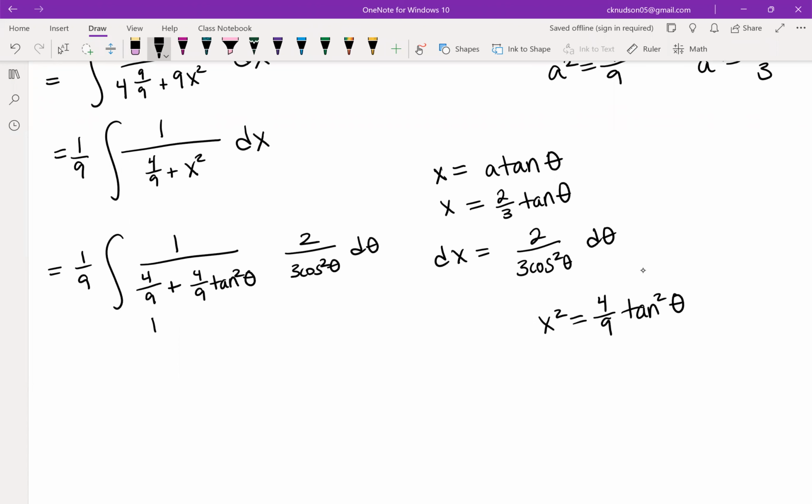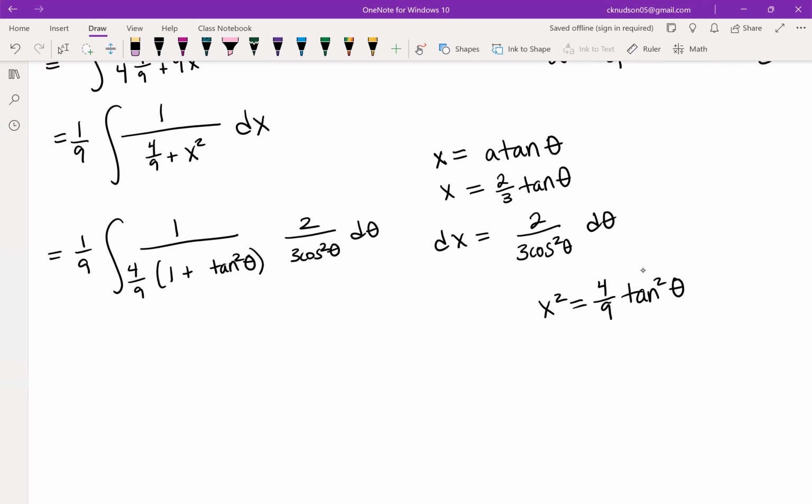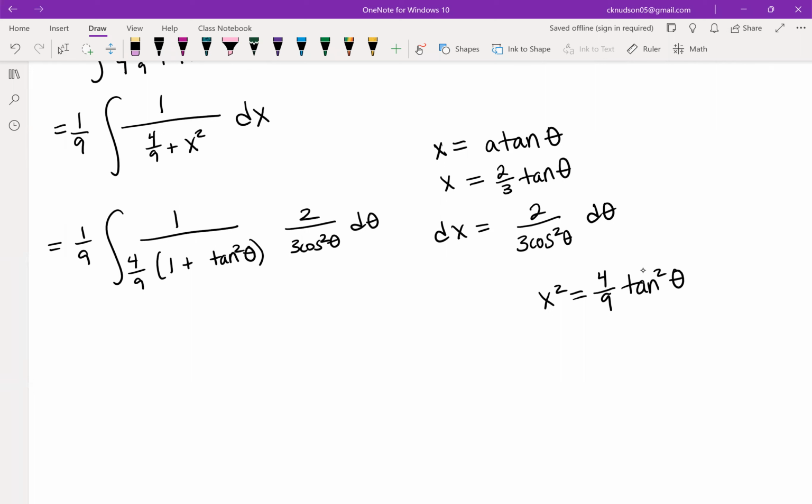At this point, we can see we have a 4/9 here and a 4/9 here. So we are going to factor that 4/9 out. So we'll pull the 4/9 in front. So we have 4/9 times 1 plus tan squared of theta. Now that the 4/9 is in front, we might as well pull it all the way in front and make this into 1/9 times 9 over 4. And then let's leave the rest the same.